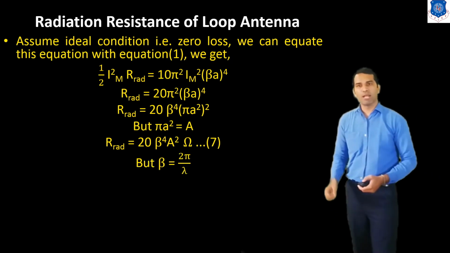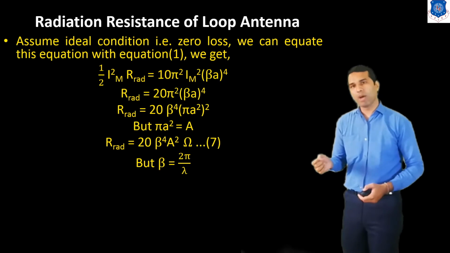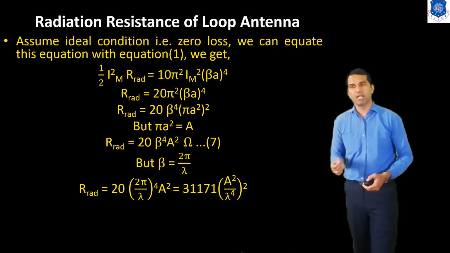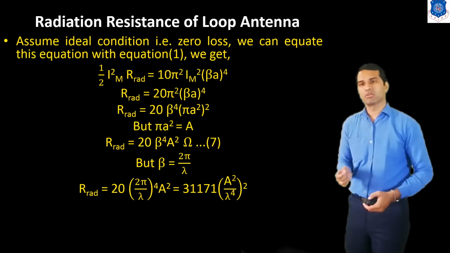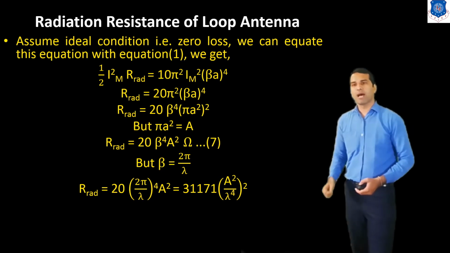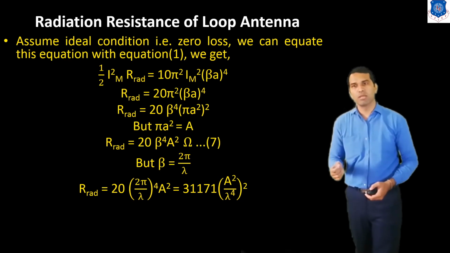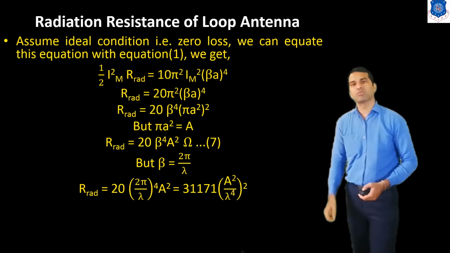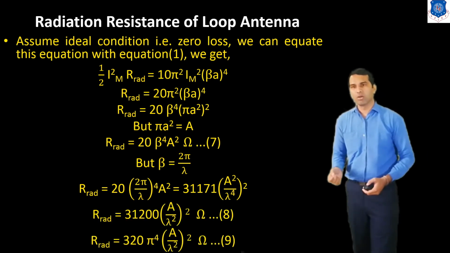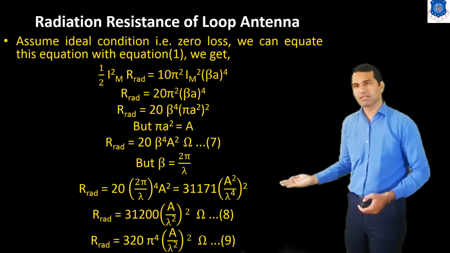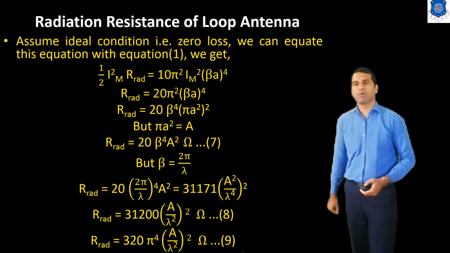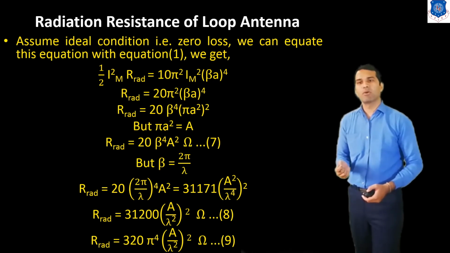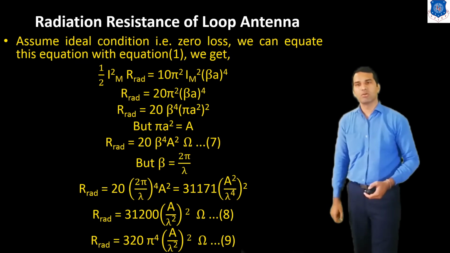So we can write this equation as R radiate is equal to 20 beta raised to 4 A square. But when we put the value of beta, we know that beta is nothing but 2 pi by lambda. So we can write 20 (2 pi by lambda) raised to 4 A square. So when we solve this term, we get R radiate, that means radiation resistance, equals 31171 (A upon lambda raised to 4) square. In simple terms, we can write the approximate value of radiation resistance as 31200 (A by lambda square) whole square.